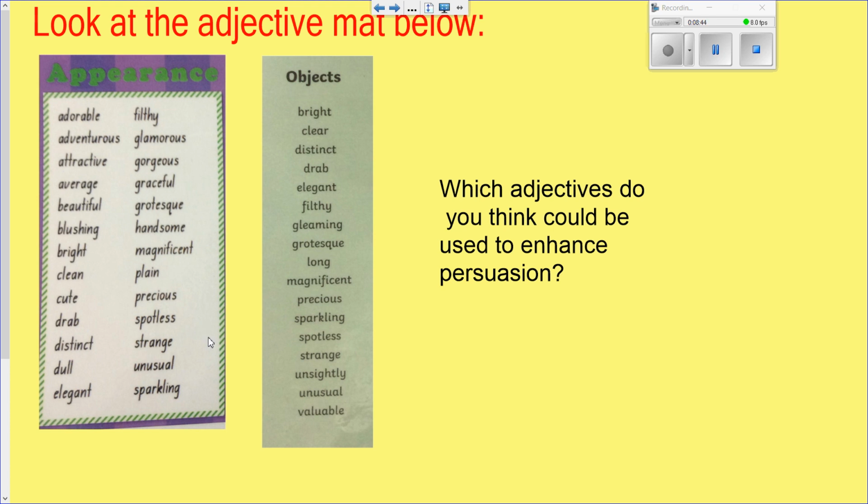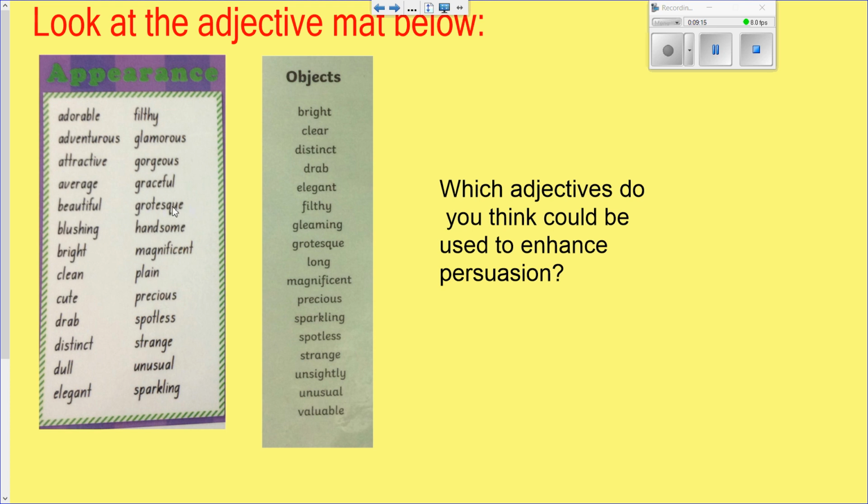Okay, hopefully you noticed that this is about what things look like and what objects look like. You might be able to find some more, or actually think of some of your own, because you're amazing at adjectives now. But words like filthy, dull, grotesque, I don't think people are going to want to buy something if it's filthy, dull, grotesque. So I don't think I want to use those words.